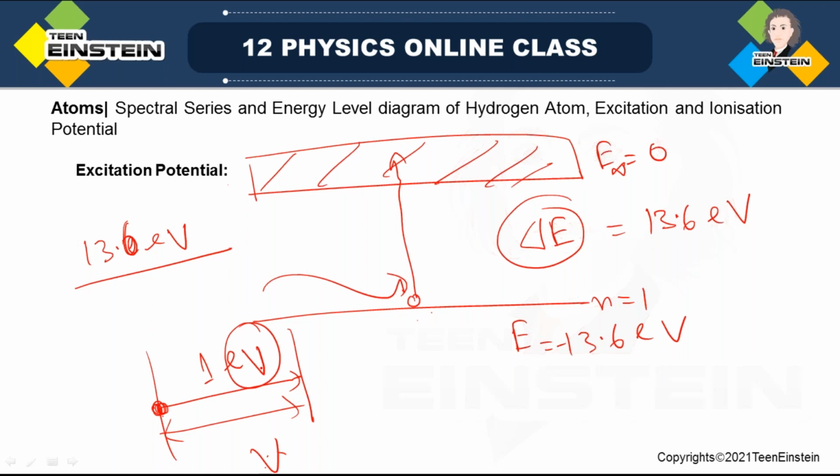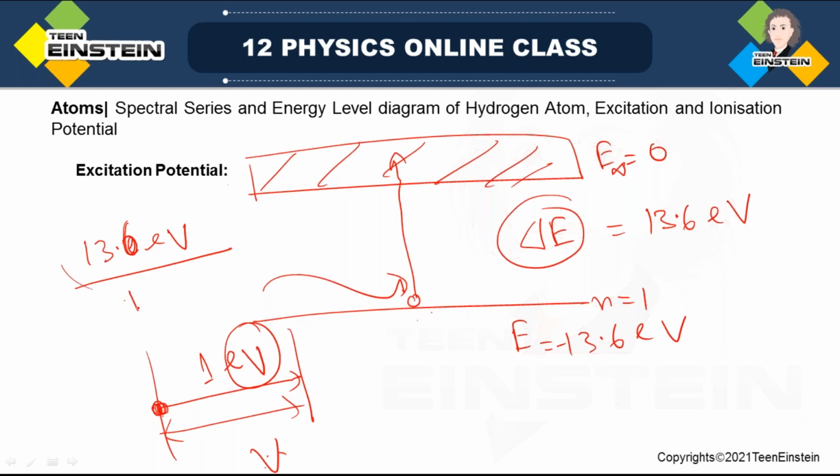So exciting potential means you are just exciting from one level to another level. And ionization potential is that potential which gives enough energy to the electron to knock it out completely from the atom, okay.